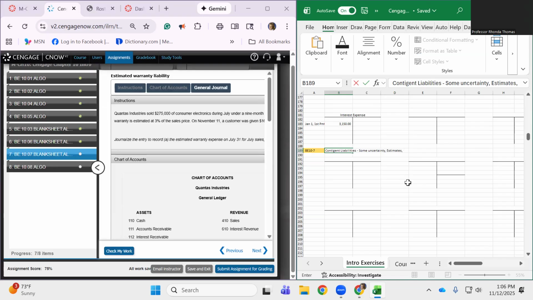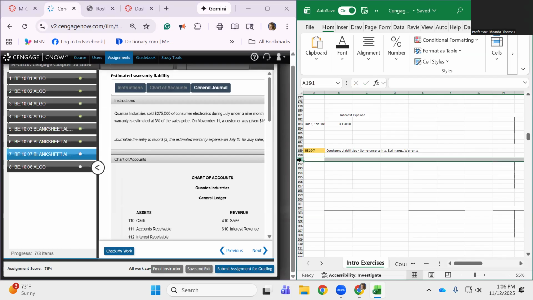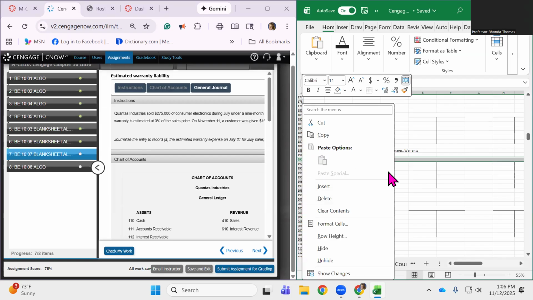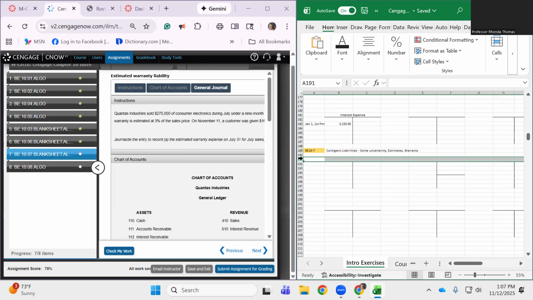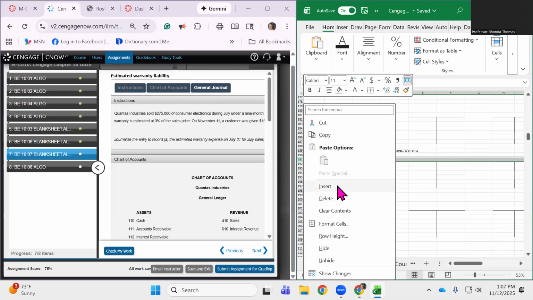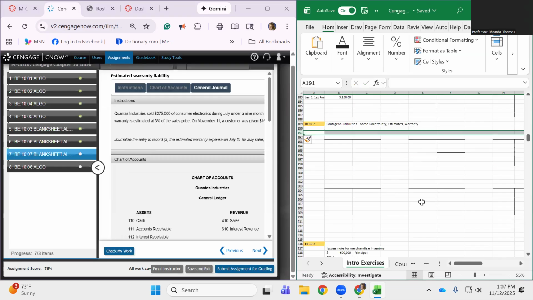warranty. Warranty is a guarantee that if a product fails, it'll be replaced or repaired, right? Anytime you buy an appliance, they'll say, do you want the warranty? Well, warranty is basically insurance, right?